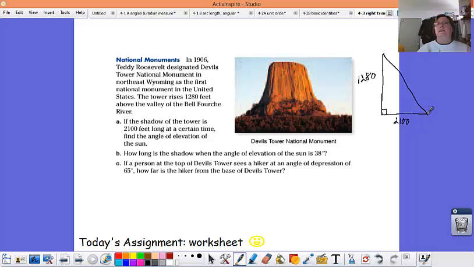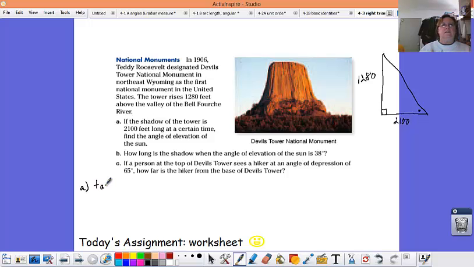That would be the angle that if you're on the ground here, you look up to see. Angle of elevation, you look up. So we're looking for that angle right there. And I'm going to think to myself, that I have opposite and adjacent.